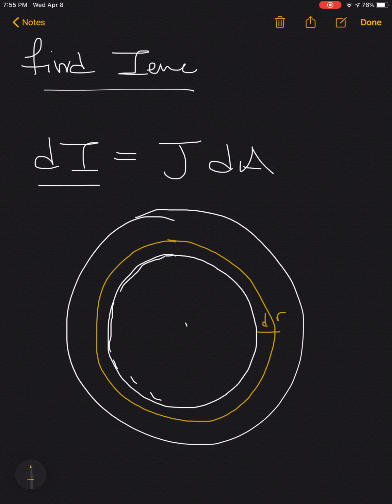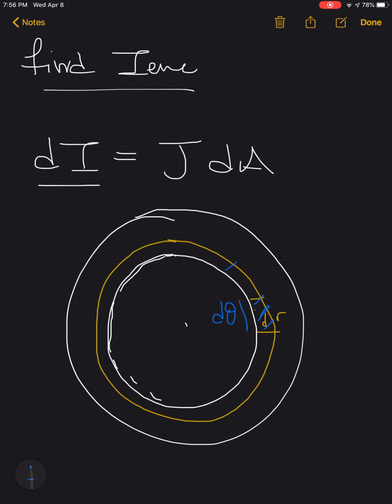So maybe this was not the right way to draw this. Sorry. What you have is a little segment here, also going through a range d theta. So this is your little dA right there. And you want to add up over all such dAs.